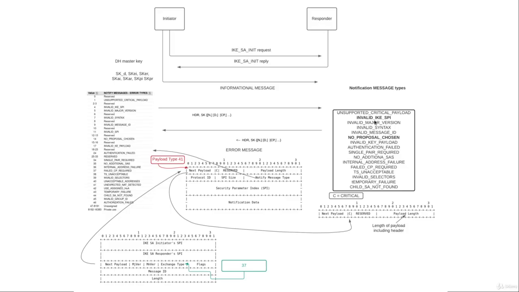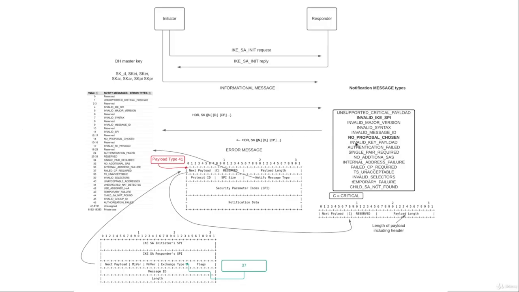Now, the RFC dictates that a VPN device getting an invalid IKE SPI should not respond. One reason the RFC designed it this way is to avoid becoming a participant in a denial of service attack. If the VPN gateway receives this message from an imposter with a spoofed source and does respond to it, it would be used by hackers for a denial of service attack.